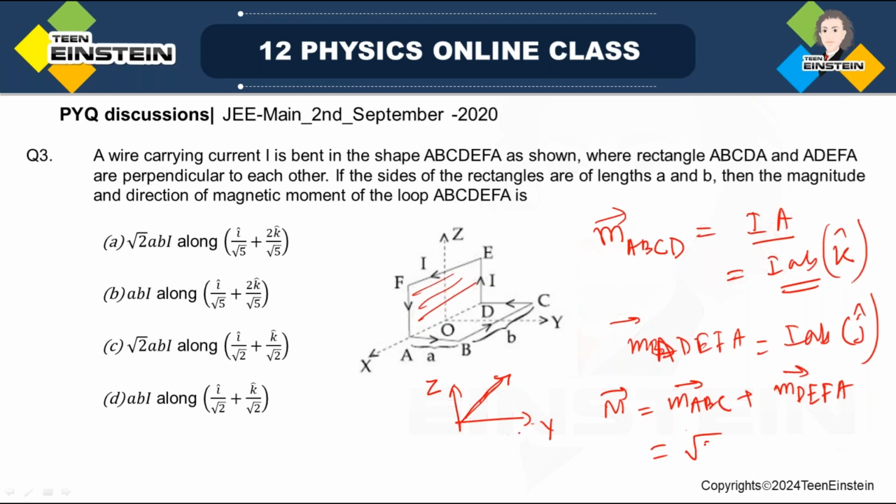We get root 2 ABI, so the magnitude is root 2 IAB.